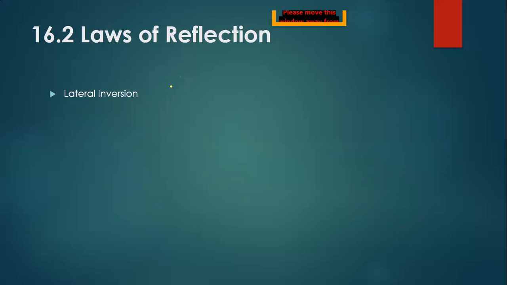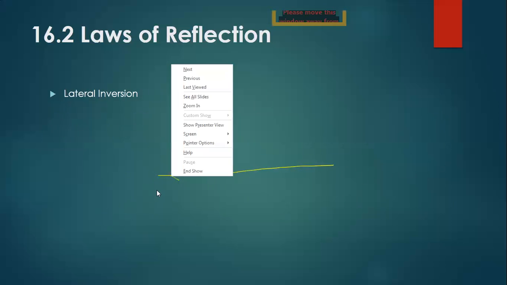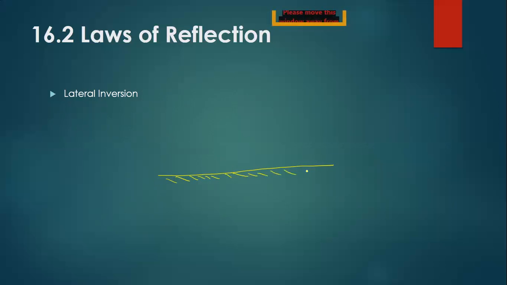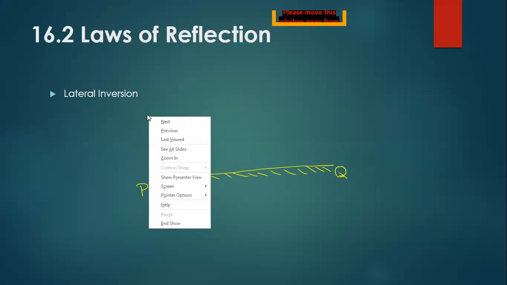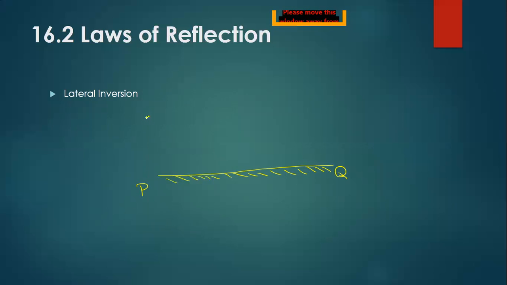It has a figure where this is the reflective surface. Right? The points P and Q. And there is a source of light at O. Let's call this point O. And there are two rays getting incident on this surface, OA and OC.